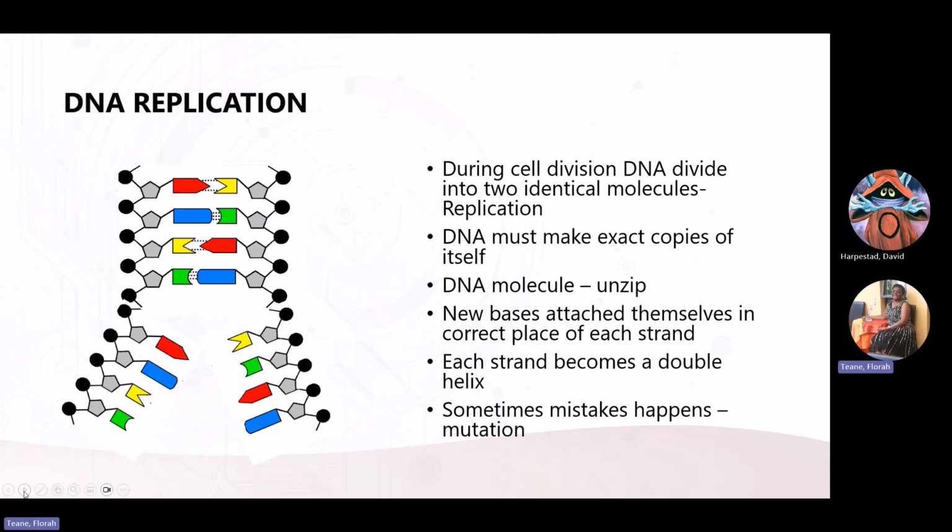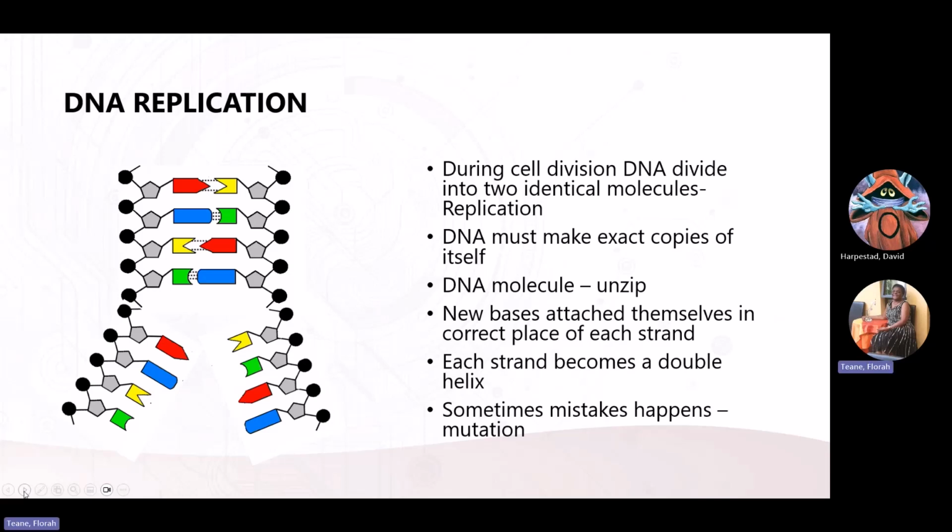DNA can form another DNA which is identical to the original DNA. And what is the reason for this? This is to ensure that each cell that is being produced contains the same DNA.